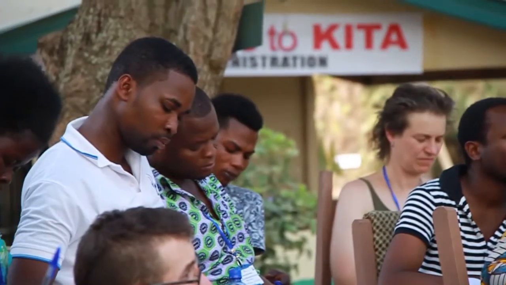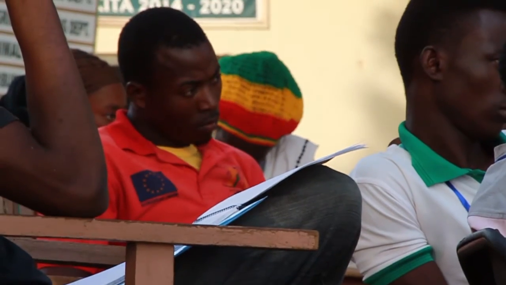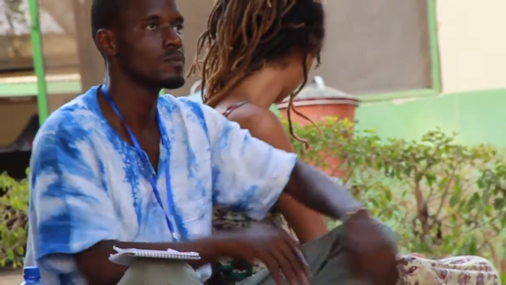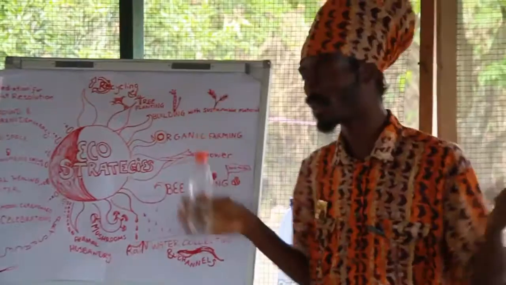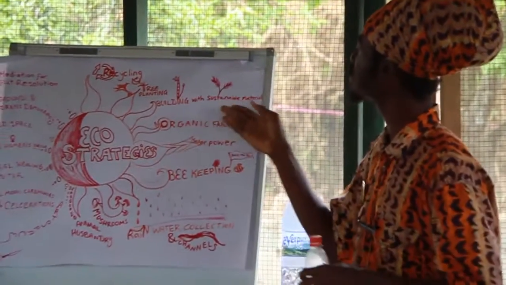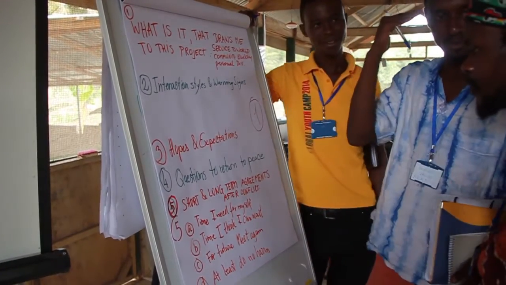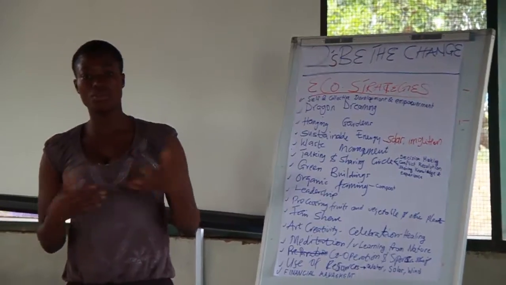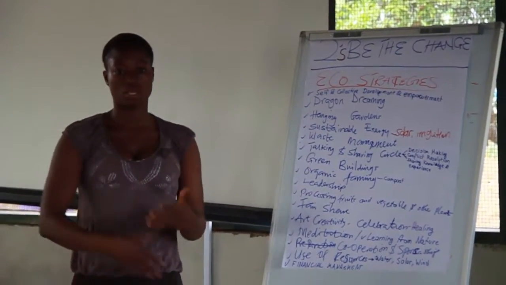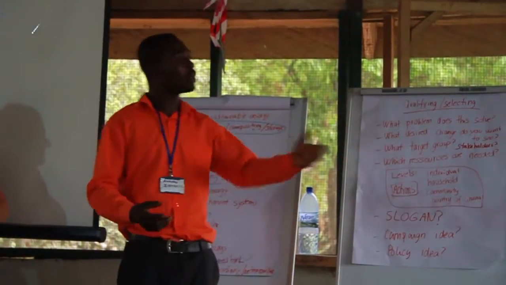And they are here to learn about how these eco strategies can be used to transition traditional communities or urban communities into eco-villages. And there are certain simple models that can be adopted to start the process of transitioning local communities into eco-villages.